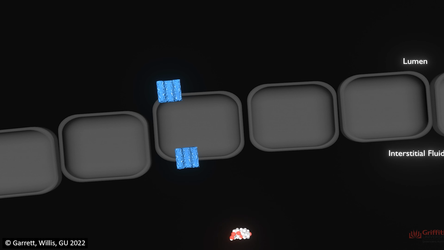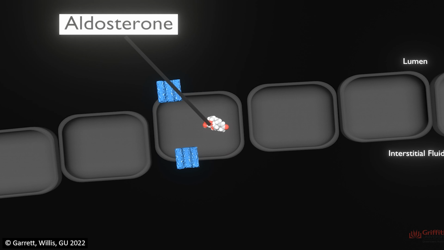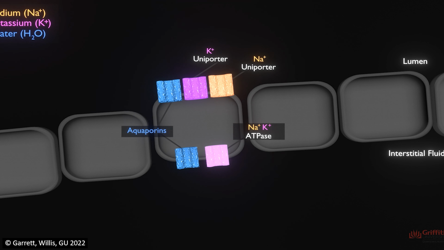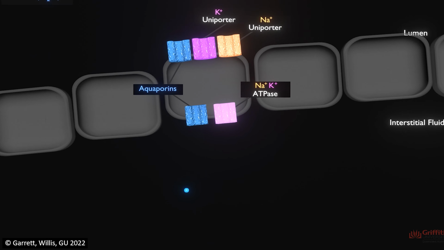Aldosterone regulates the reabsorption of sodium by causing the synthesis and retention of apical sodium and potassium channels, and the basolateral sodium-potassium pump in the distal convoluted tubules and the collecting ducts. Water follows sodium via aquaporins due to the osmotic pull. Blood volume and hence blood pressure is therefore regulated via this system. Potassium is secreted into the lumen of the nephron.